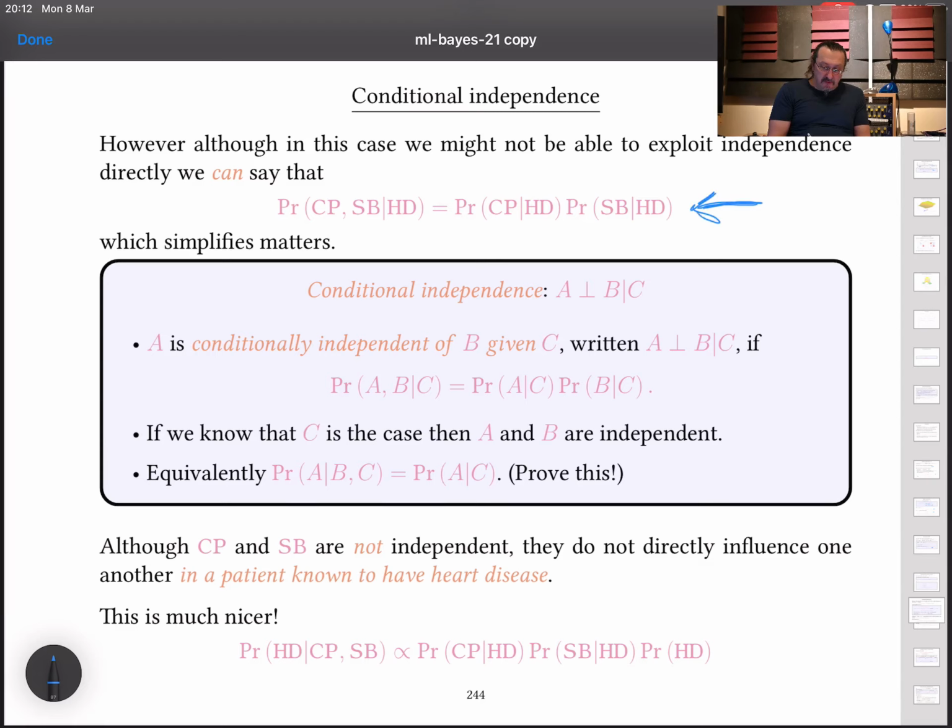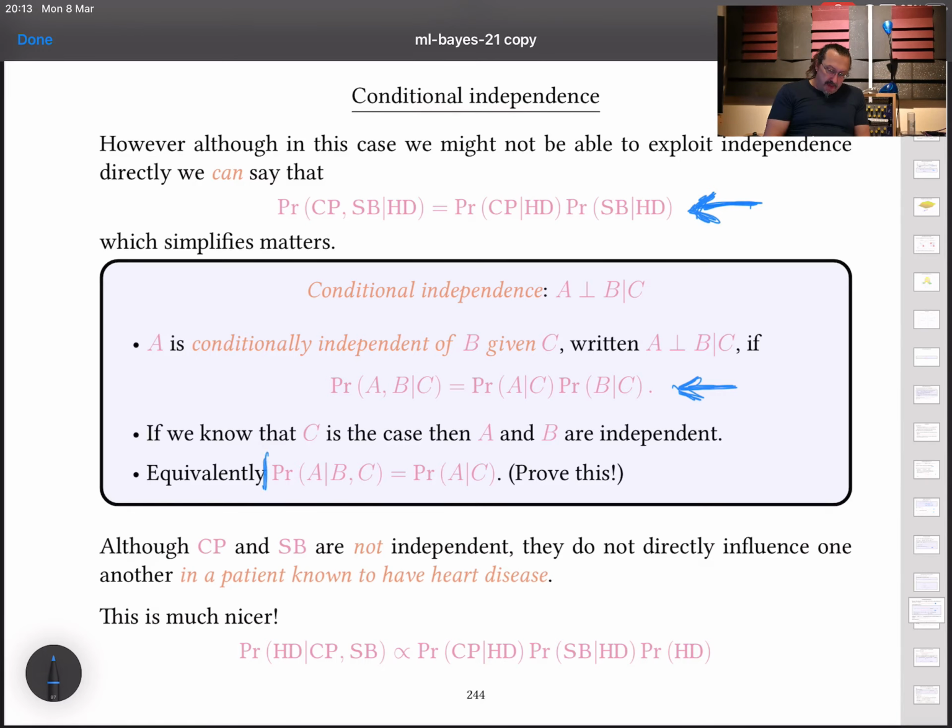This is the key idea. And in the shaded box we have the general definition. A is conditionally independent of B given C if the probability of A and B given C is the probability of A given C times the probability of B given C. Or, as an equivalent, and you should prove that these two are equivalent, it's straightforward manipulation of probabilities, but it's worth doing.